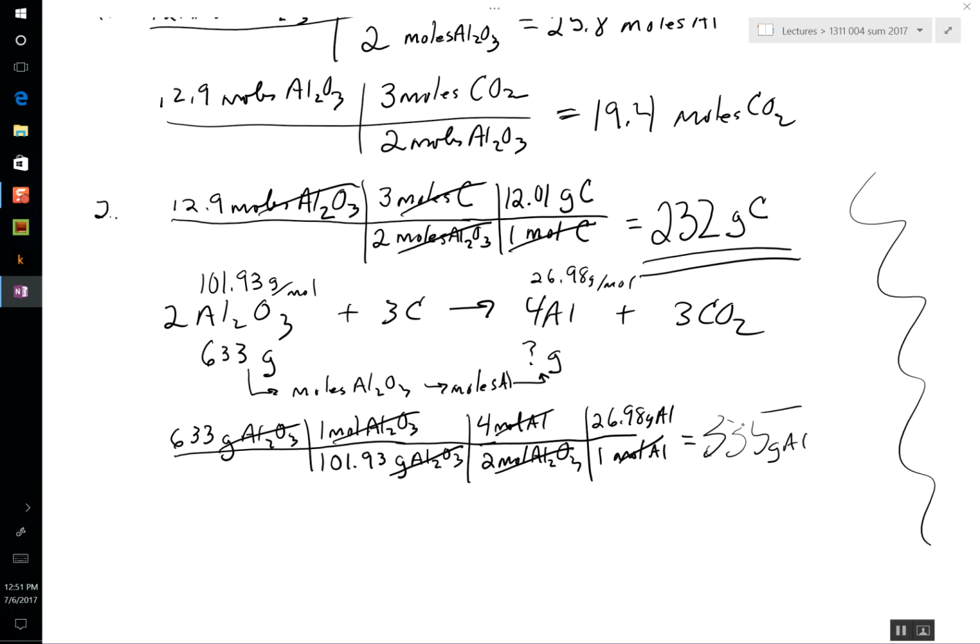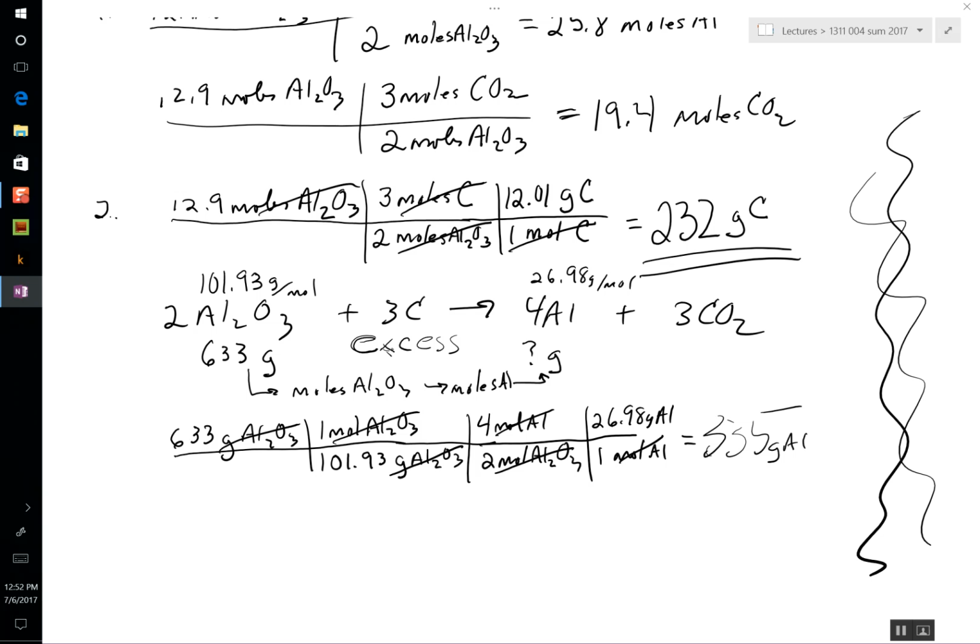The assumption is that there is enough carbon to react with that aluminum oxide. And so a lot of times what you'll see is that this is your excess reactant. In other words, we're saying we got plenty of carbon. Don't feel like carbon is going to hold this reaction back or keep it from going to completion.